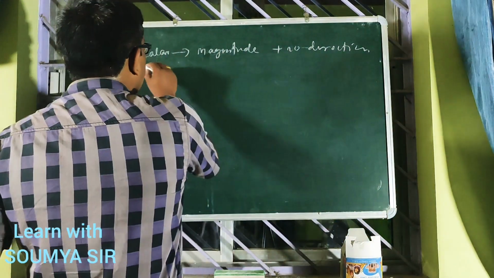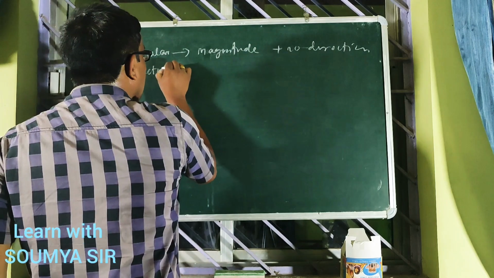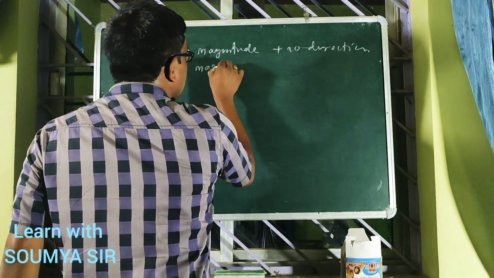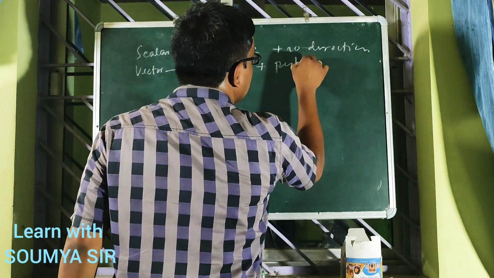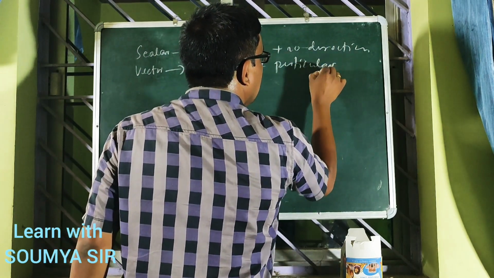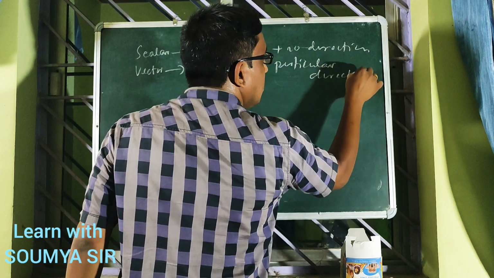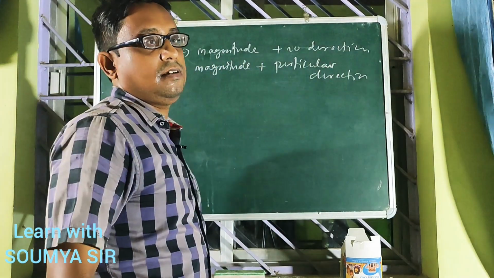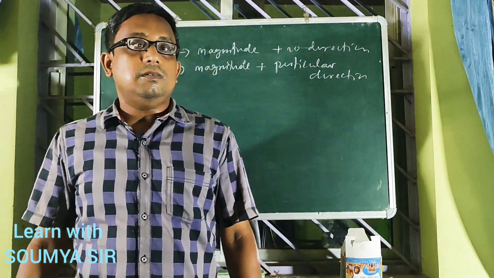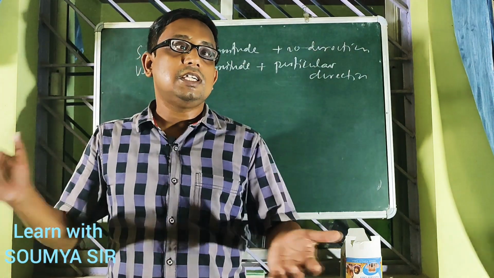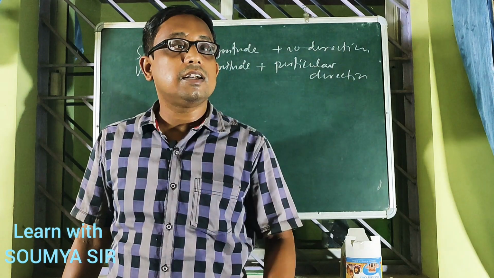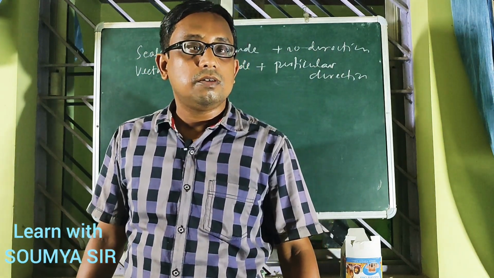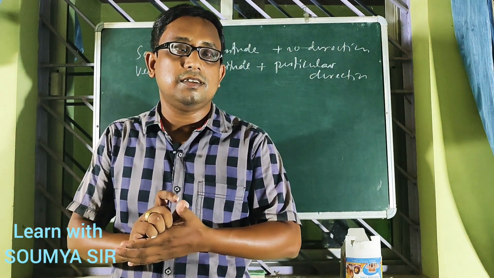But a vector quantity has a magnitude, magnitude meaning value, plus a particular direction. So why am I writing here particular direction? Because if we consider electric current, electric current is a scalar quantity, although it has direction.